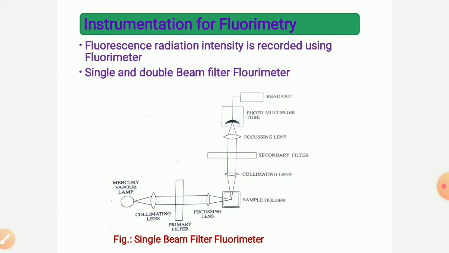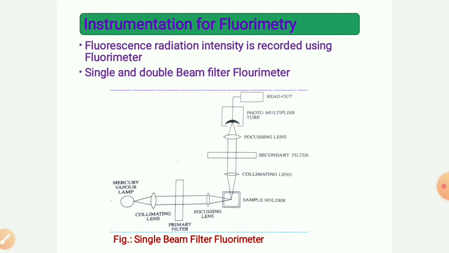In the path of the emerging beam, the secondary filter is placed, which allows only fluorescent radiation to pass through and absorbs all UV light. The fluorescent light passes through the focusing lens and falls on a photomultiplier tube and causes the removal of electrons from the photocathode of the PMT. The resulting electric signal is sent to the readout device.